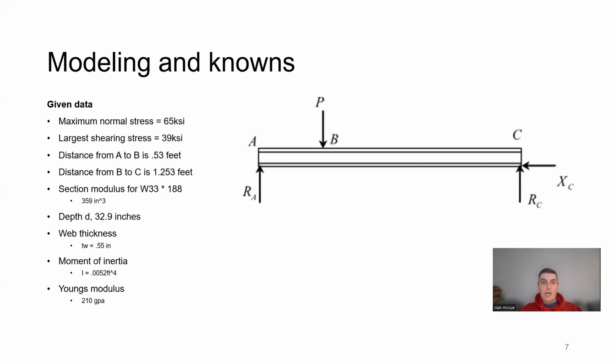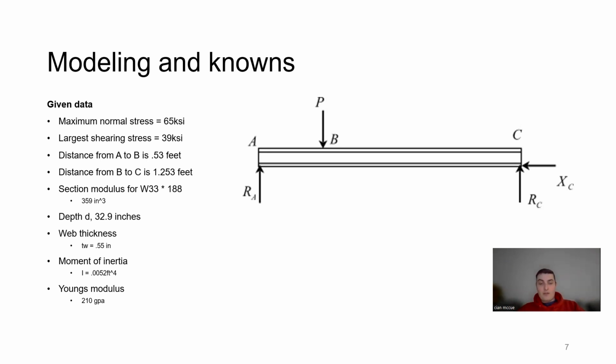Looking back at the given data, or the knowns from the problem that we're looking at between the two sleepers: all of our normal stresses, the distances between A, B, and C, section modulus, web thickness, depth, things that we use to find the force P that could be put at B. But what we are really going to use now to find the beam deflection between A and C at point B is the moment of inertia.